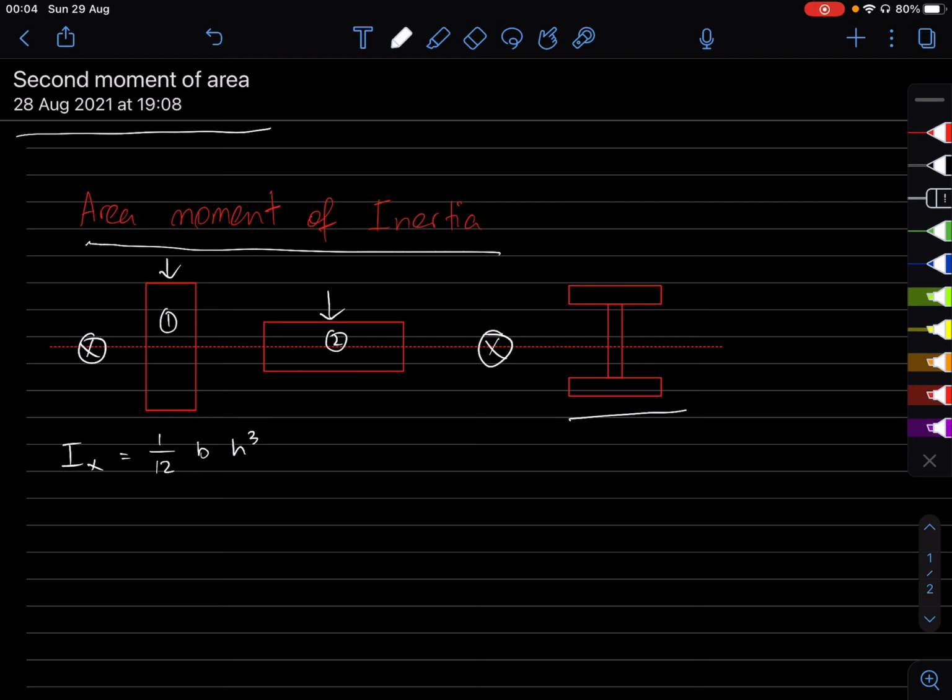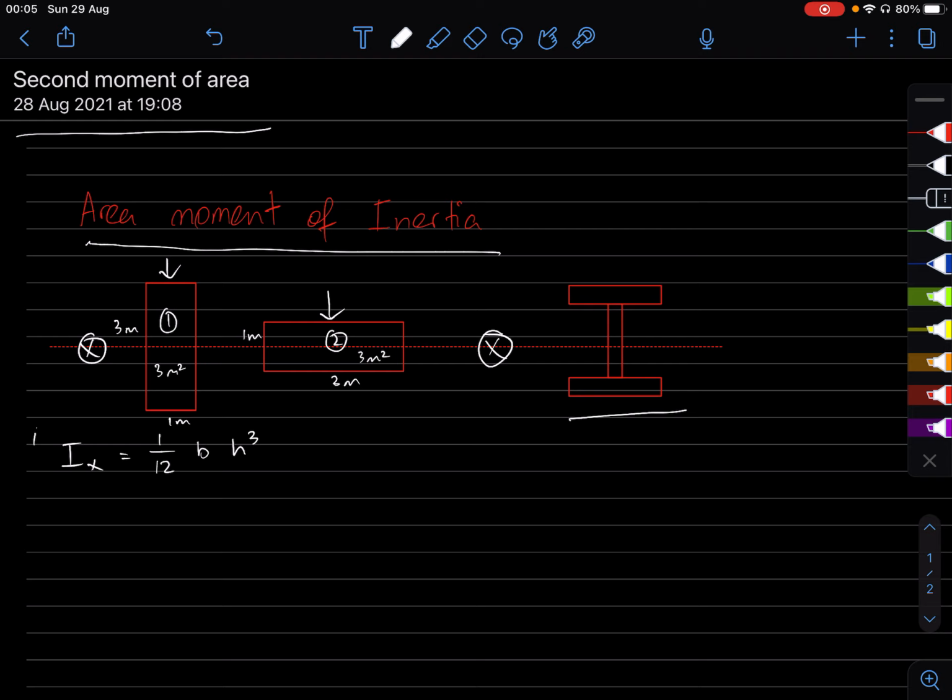So this shape here, let's say this is 3 meters, and this is 1 meter. This is 1 meter, and this is 3 meters. So they both have the same area. Shape 1 will be 3 meters squared, and shape 2 will also be 3 meters squared. But let's see what values we get from their area moment of inertia.